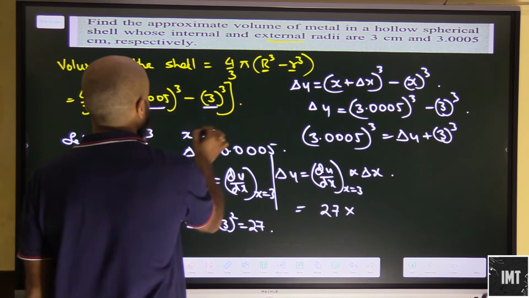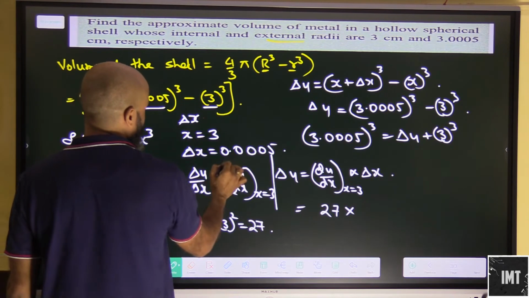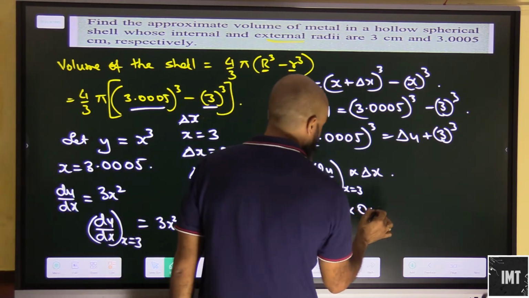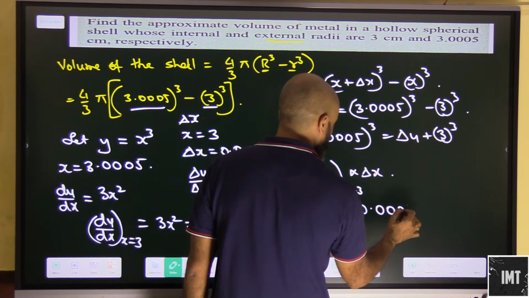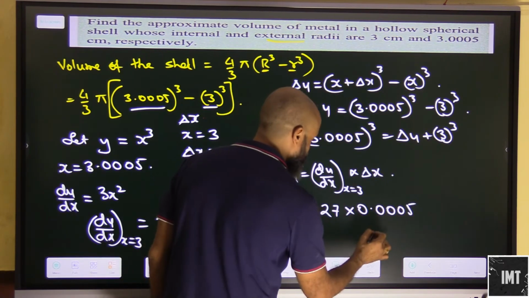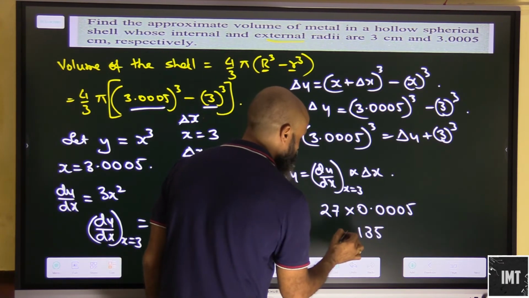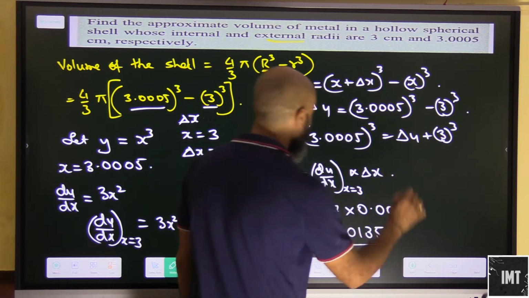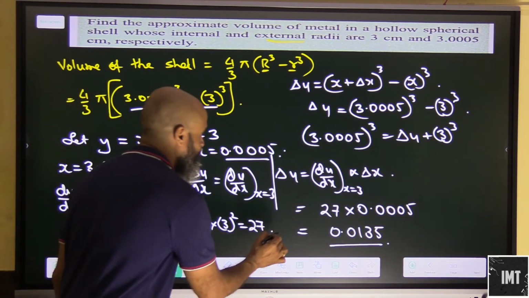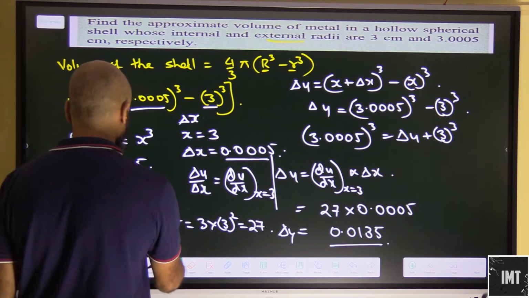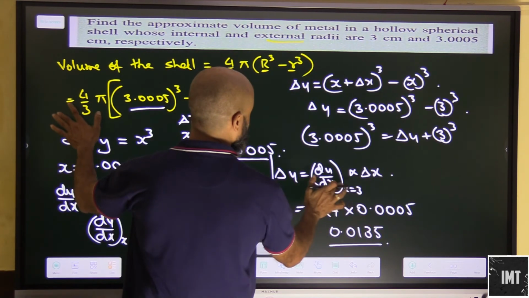What will be the value of delta x here? Obviously delta x is equal to 0.005. So 27 times 0.005 gives 0.135. So delta y here has this value, and we can put it in.